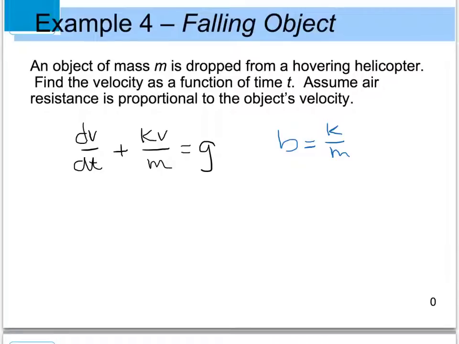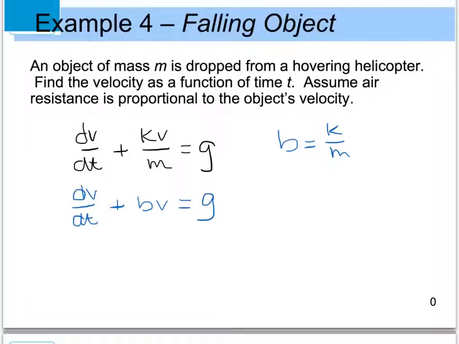So when I do that, I end up with dv/dt plus b times v, and again, b is really equal to k over m, and we're going to set all of this equal to g.